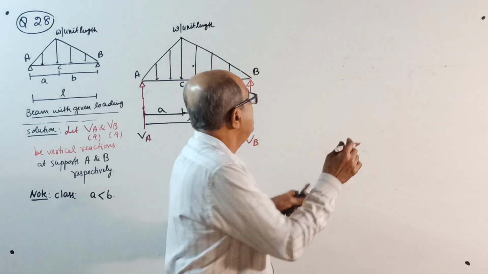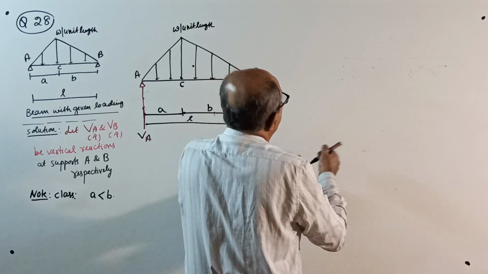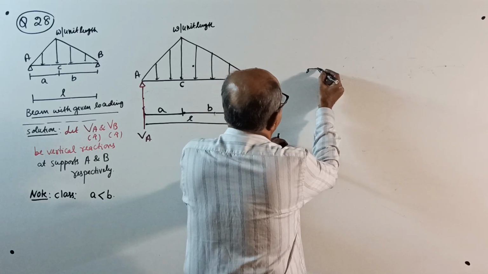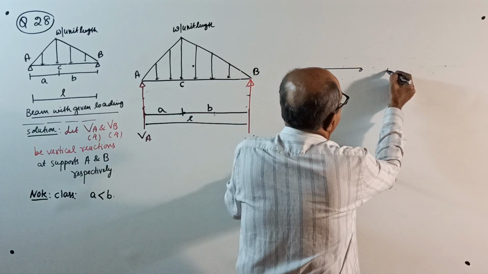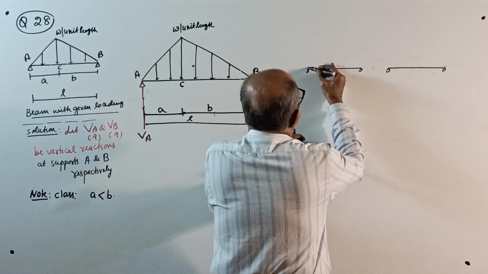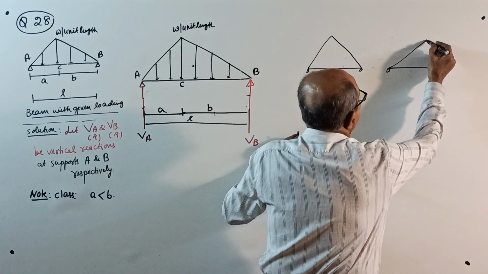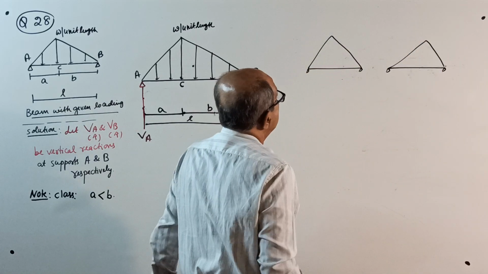In general means, see, I write here now. This all note you are to write. See, if the beam is like this, it will start from here, reach a peak value, and again drop down. Now, see here.